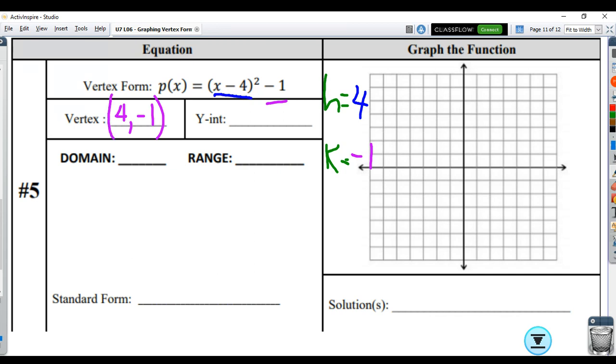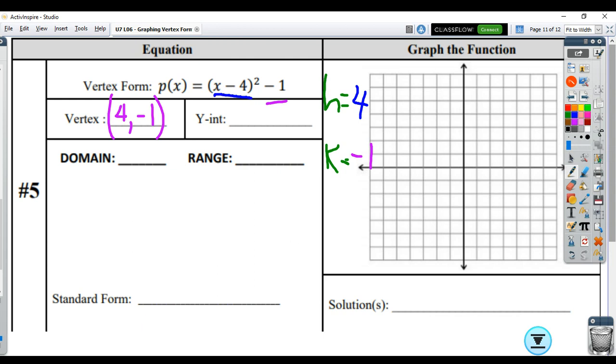All right? The next step here gets a little bit tricky because if we're going to find the actual graph of this parabola, we need to be able to find a few more points. So to find a few more points, we're going to do something we did back in standard form, and create an XY chart.